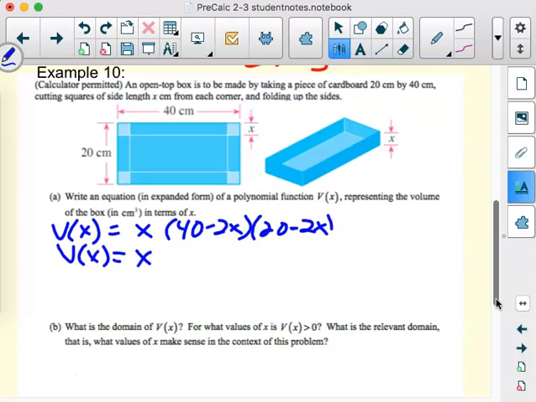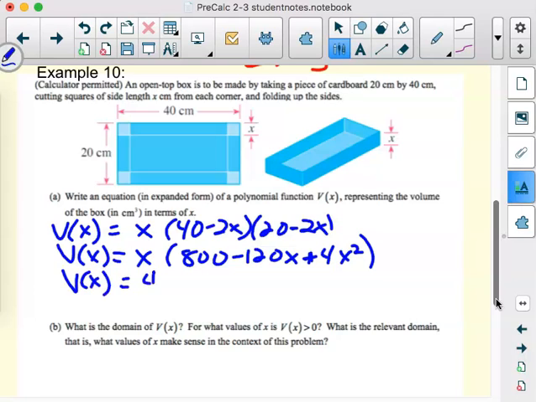So we'll do the FOIL, and 40 times 20 is going to give us 800. Outside times outside minus 80x, inside times inside minus 40x, so minus 120x plus 4x squared. And then multiply again by the x and put it in standard form while we're at it.